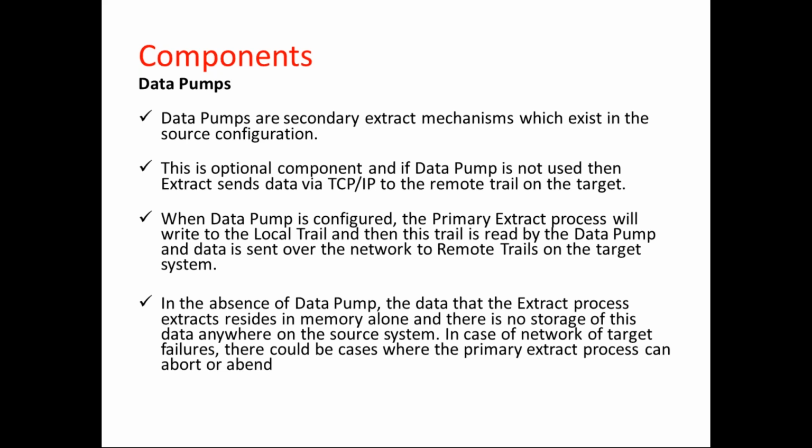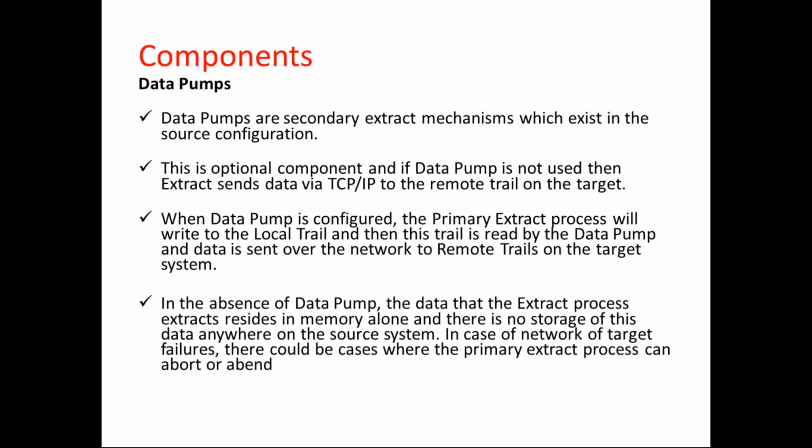If it is configured, then primary extract will write to the local trail, and then this trail file is read by the pump and the data is sent over to the target. So in the absence of data pump, the data that the extract reads resides in memory alone, and there is no storage of this data anywhere on the source system.